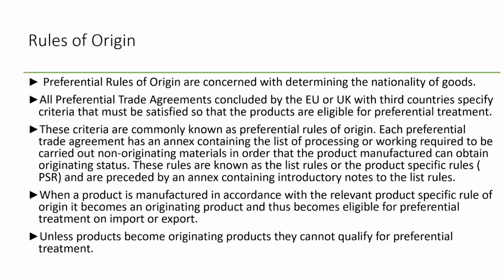What rules do I need to meet in order that I, the exporter, can put some kind of proof of origin on the commercial invoice or the packing list that will allow, when those goods arrive in Canada, that they're not going to have to pay duty, or they'd have to pay a reduced rate of duty, right?